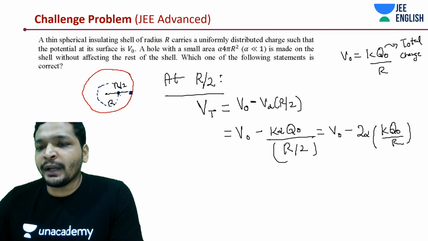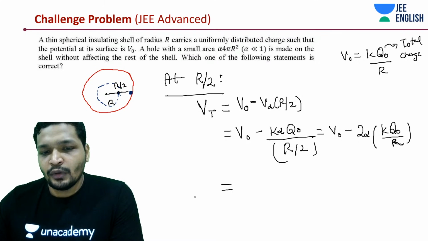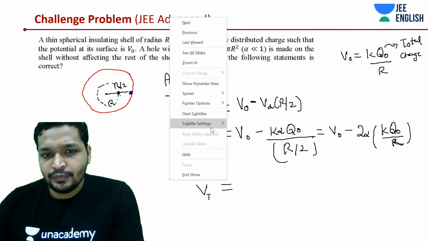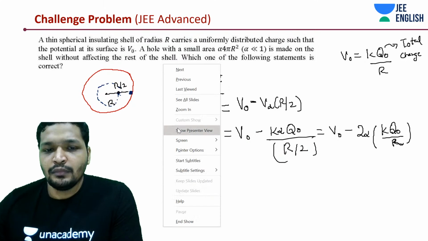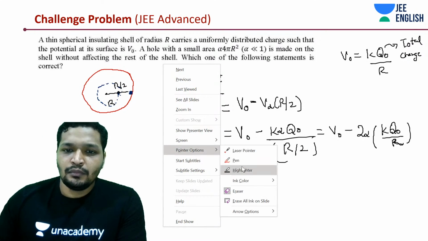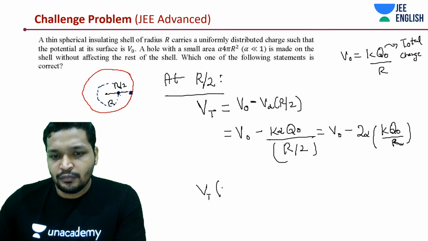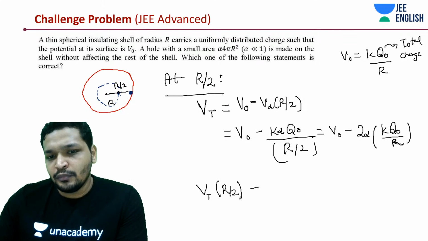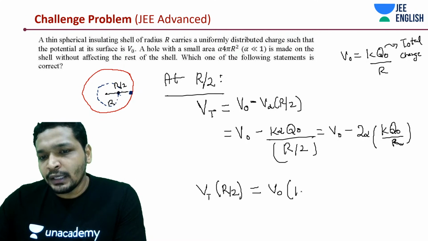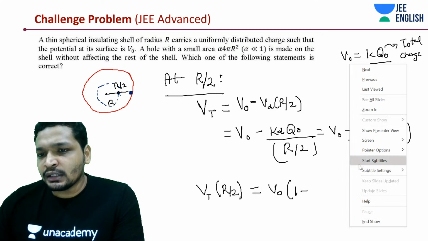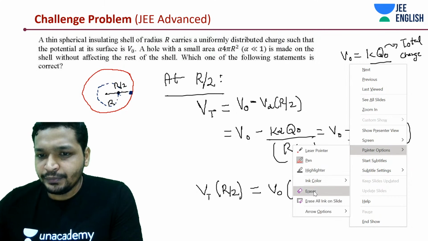What is K Q naught by R? It is just V naught. So at R by 2, it is going to be V naught minus 2 alpha times K Q naught by R, and K Q naught by R is nothing but V naught, guys.